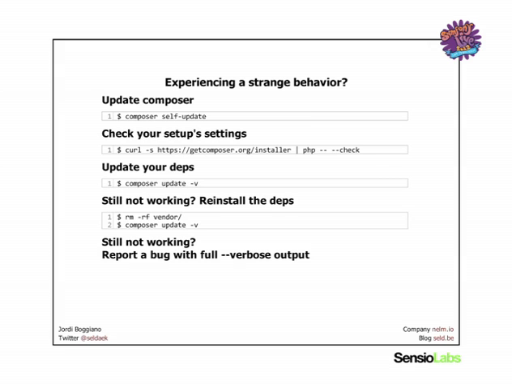So that's good. Then if that still doesn't work, you can also check your settings, because many people manage to not run the installer script and download the PHAR file directly. I don't know how they do it, because we removed all the instructions from the website.